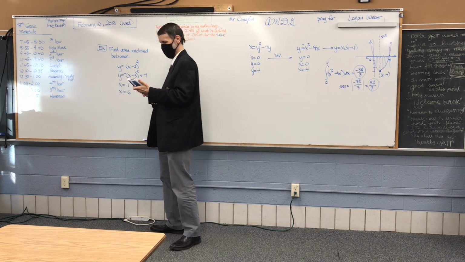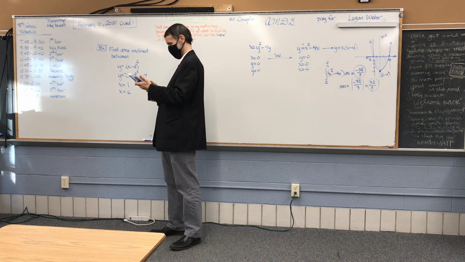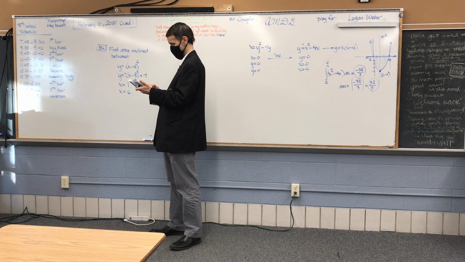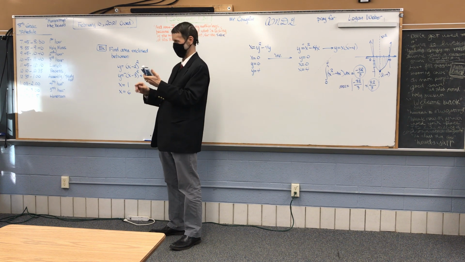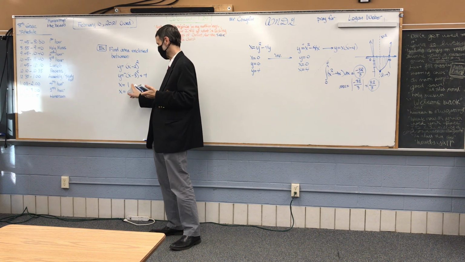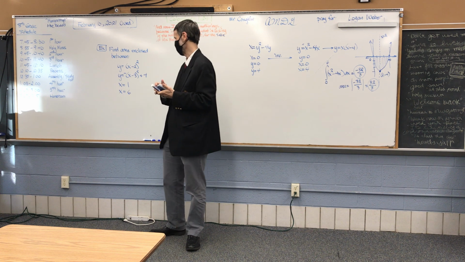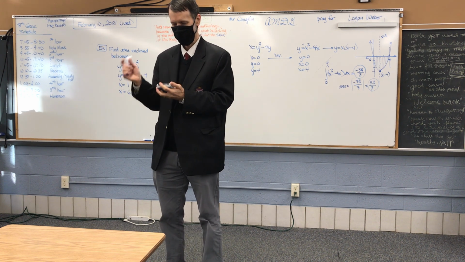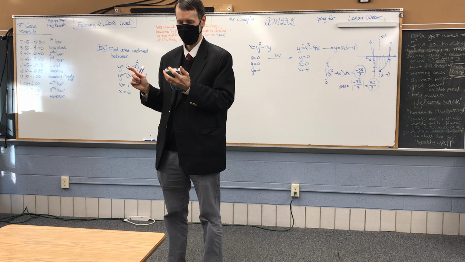Where's the vertex in the next one? 3 comma 4. It's in vertex form, x minus 3 parentheses squared plus 4. Do not graph the lines. Your calculator doesn't know how to graph x equals 1, x equals 6. But go ahead and graph those first two graphs. Go to Zoom Standard if there's any problem.